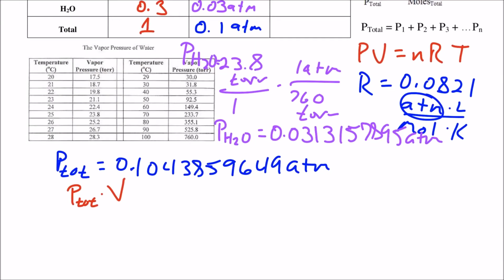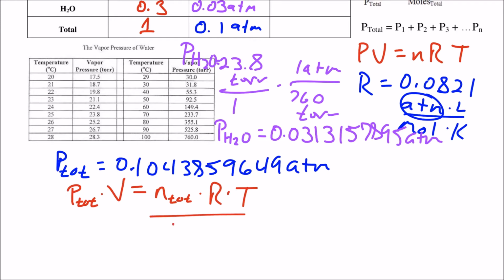So that's equal to n, and since we're plugging in the information about total pressure, that means that we're going to get total number of moles, okay, so times RT, right, nRT. So I want to know what this total number of moles is, and if I know that, then I can solve for the individual.